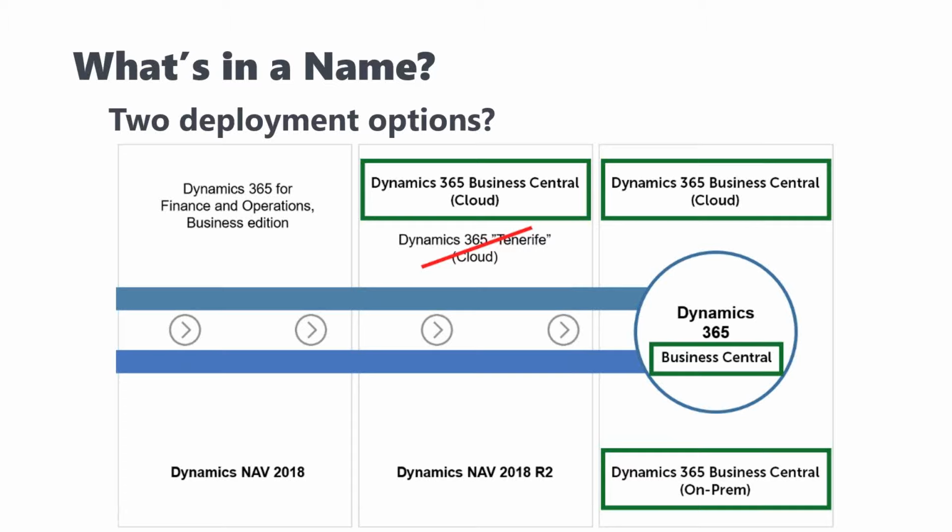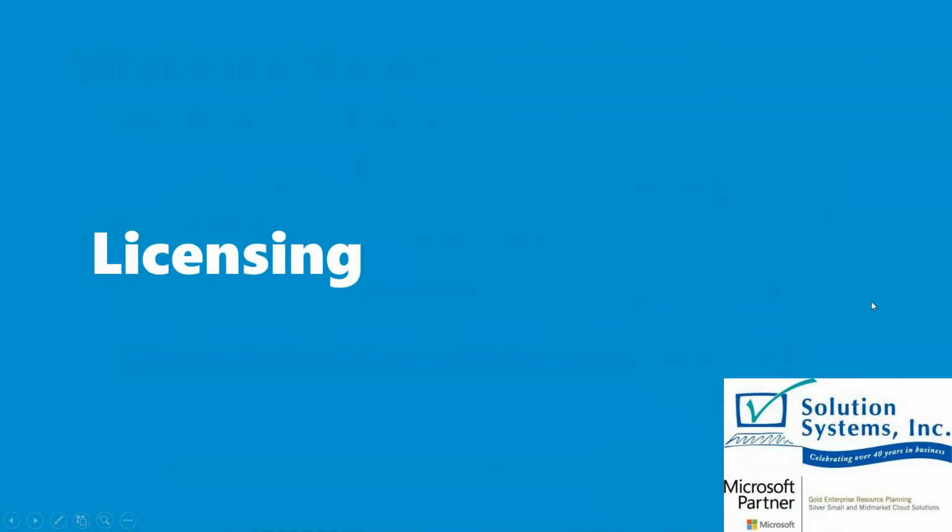This was a more basic version of Dynamics NAV hosted on Microsoft's cloud by Microsoft. And then when they got to Business Central, they said, we're going to take the full product, the full Dynamics NAV on-premise solution, and we are going to make this available as our cloud option. And that is what's called Dynamics 365 Business Central. And that's on the cloud. So these are the two versions currently available.